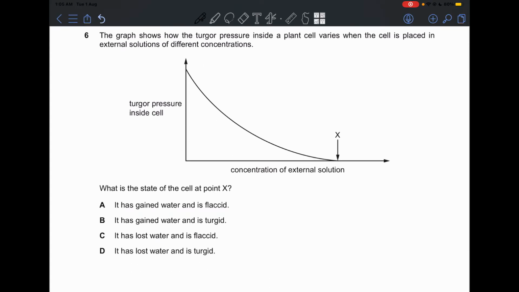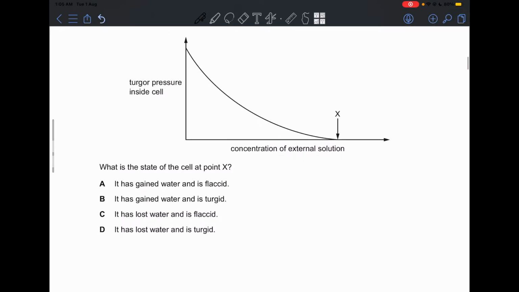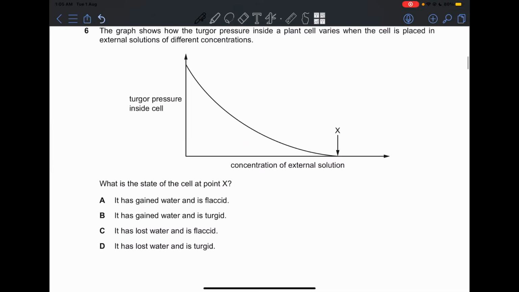Number 6, the graph shows how the turgor pressure inside a plant cell varies when the cell is placed in external solutions of different concentrations. What is the state of the cell at point X? Now right here, we can see that the concentration is decreasing as the time passes over here, and also the turgor pressure inside the cell is decreasing.